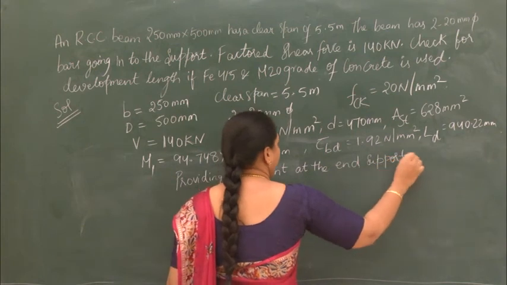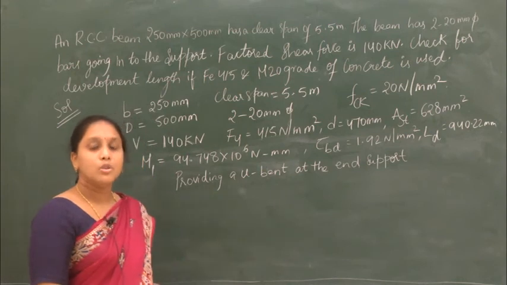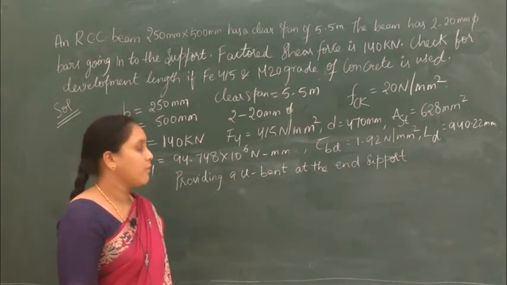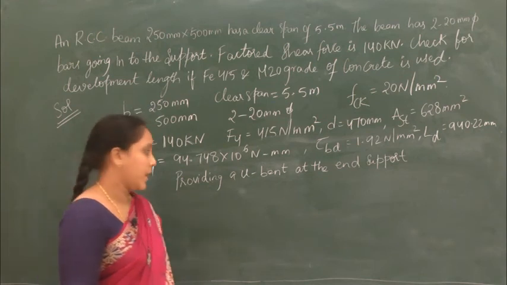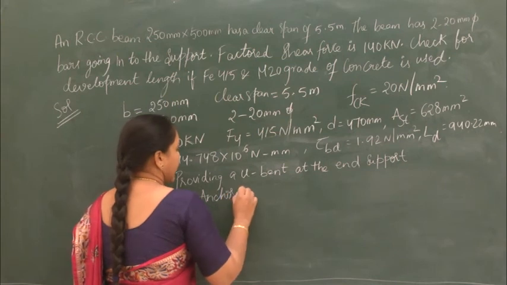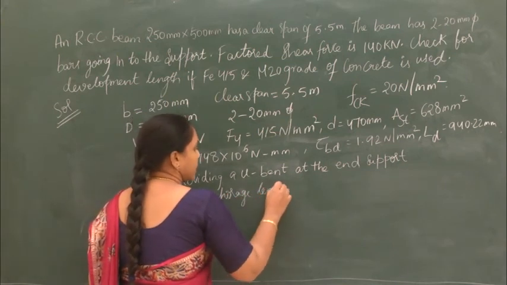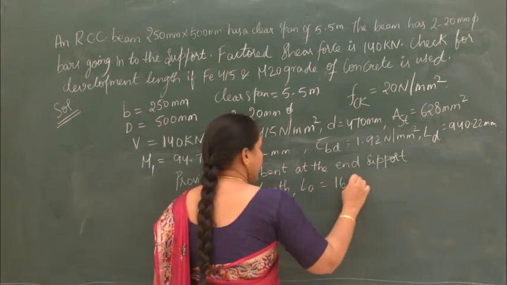At the end of the support I am going to provide a U-bend. So for a U-bend, what will be the anchorage length L0? L0 will be 16 phi.